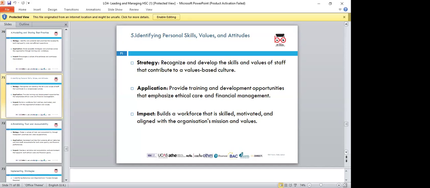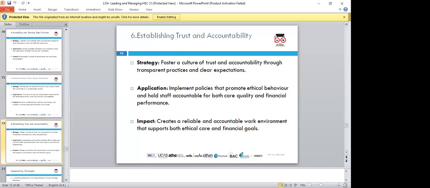The impact will be that it builds a workforce that is skilled, motivated, and aligned with organizational missions and values.